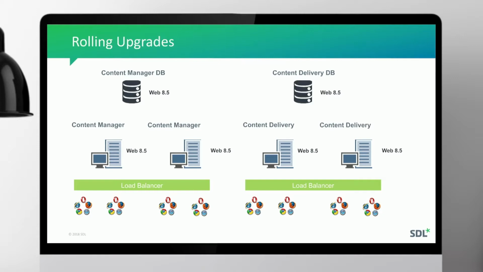What we are able to do in real time is actually upgrade, let's say, the database. So we can upgrade the content manager database from 8.5 to Sites 9. And we still have our working Web 8.5 content manager application running on that Sites 9 database.